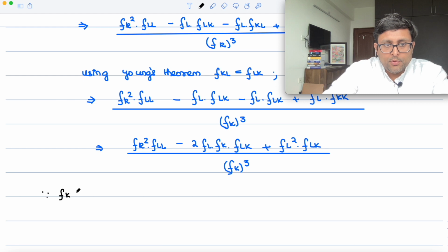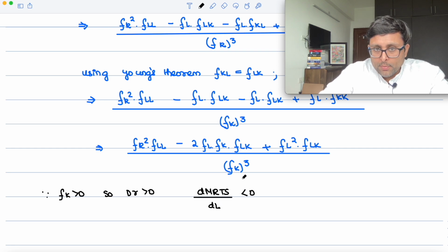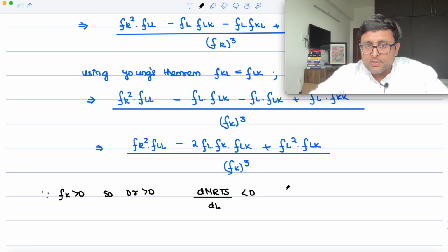Now you have already assumed that FK is positive, marginal productivity of capital is positive, so the denominator is positive. You want to show that MRTS is falling. The denominator is positive, so dMRTS by dL would be negative if the numerator is negative.